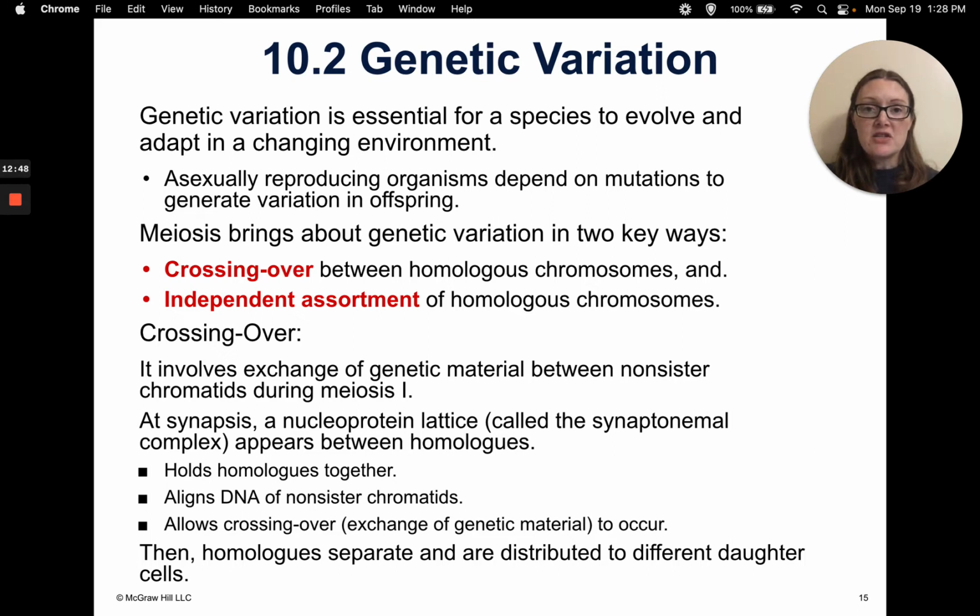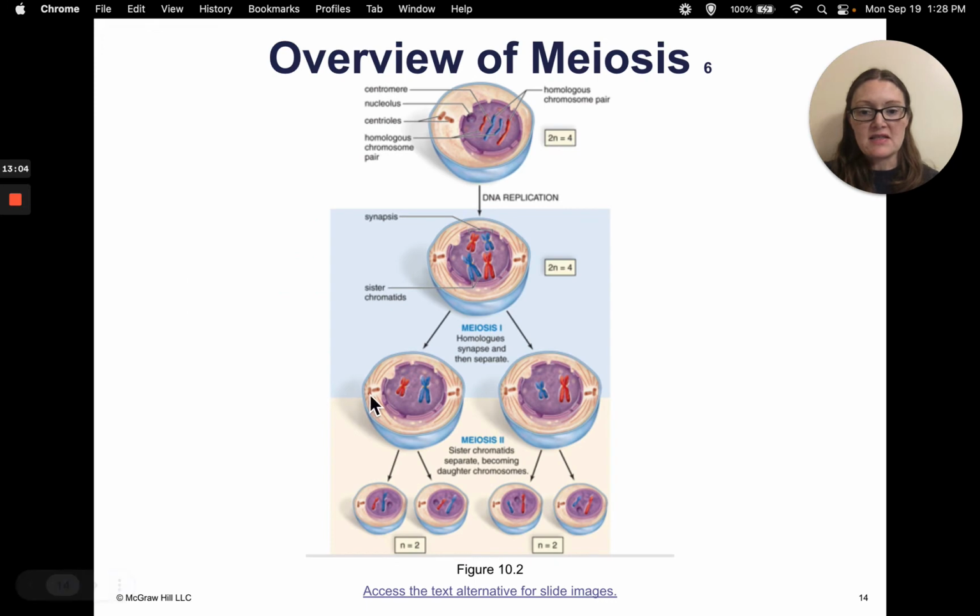Another way that genetic information can be shuffled around is by independent assortment. That means that when the homologous chromosomes line up along the metaphase plate, or they're in the center, that they can get separated and pulled out randomly. And we kind of talked about it when we looked at this, that we could end up with 2 blues on this side, or we could end up with a big blue and a little red.